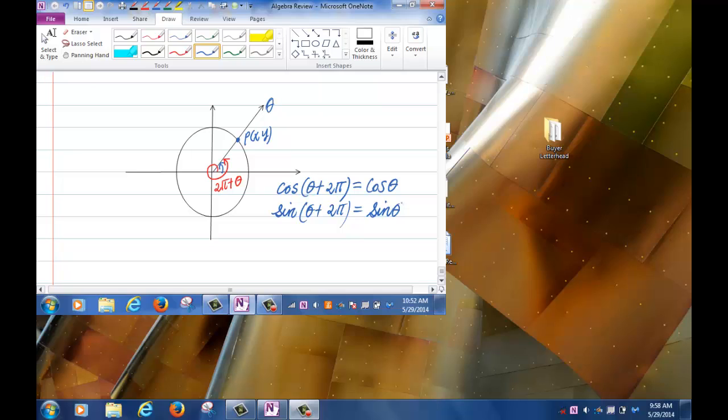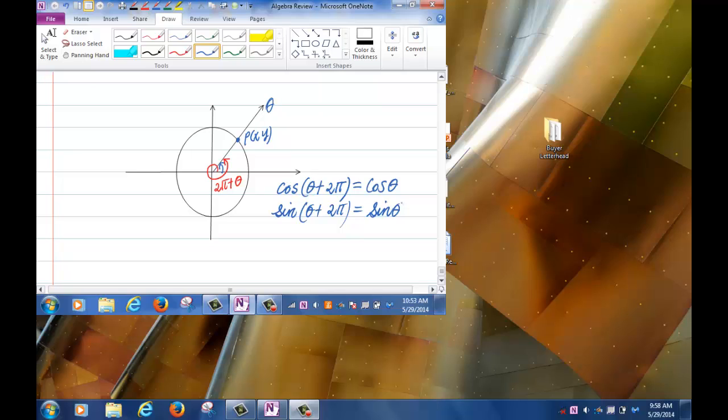Now, what if I subtract 2 pi? Theta minus 2 pi. What's the terminal side for theta minus 2 pi? Actually the same as the terminal side for theta, right? Because minus 2 pi means you're going to go clockwise one complete revolution, right?